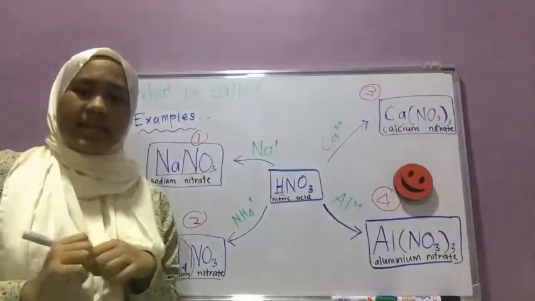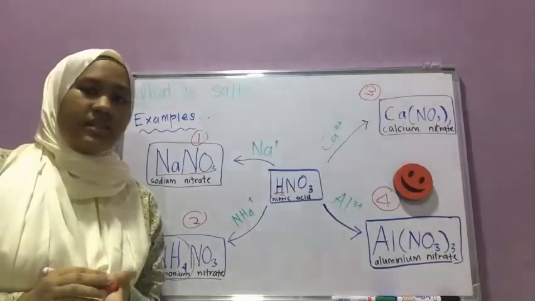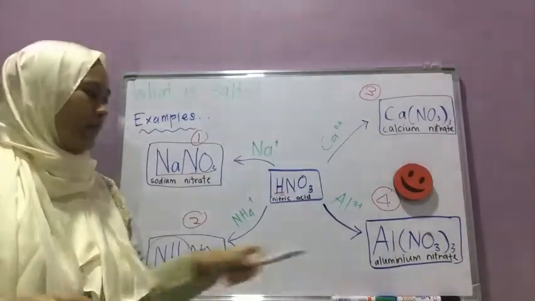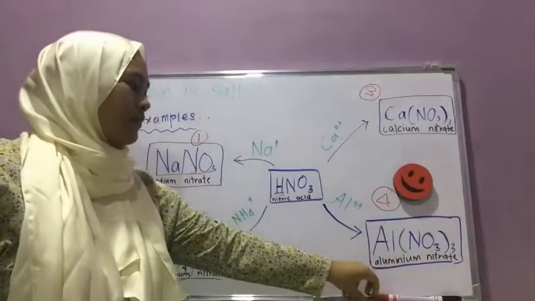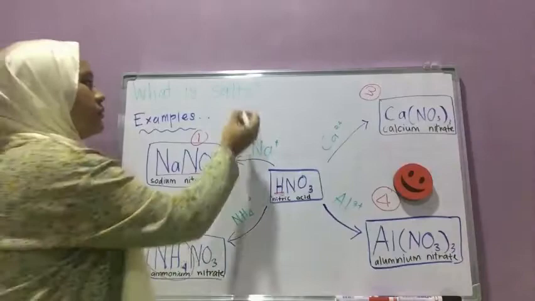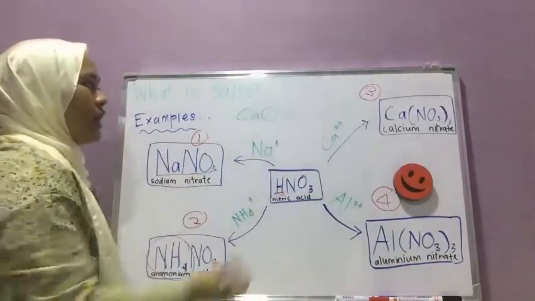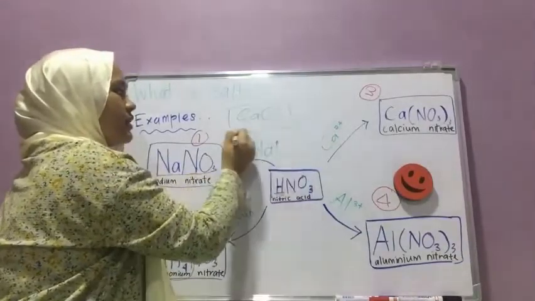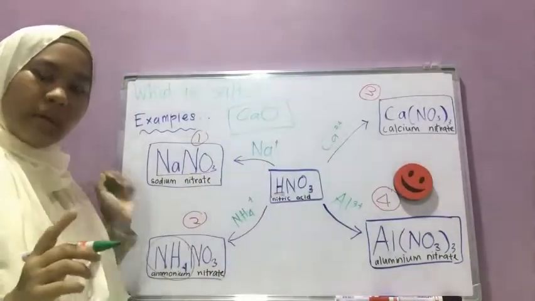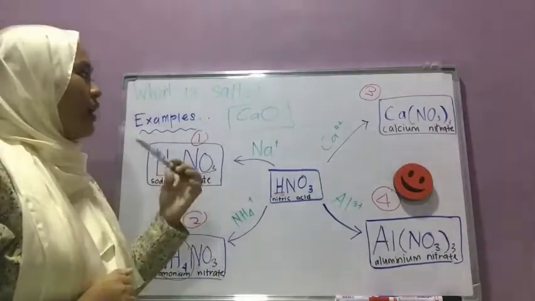So let's take an example of an ionic compound that is not salts, which is calcium oxide. This is an ionic compound, but it is not a salt.